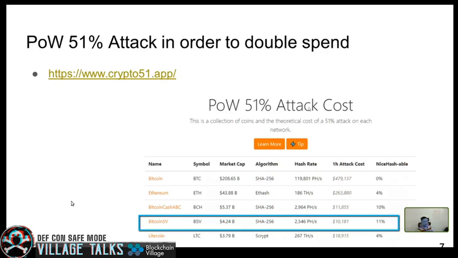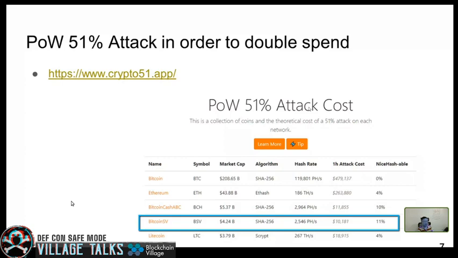Let me explain the 51% attack. The probability of a miner to include whatever transactions it wants is proportional to its mining power.